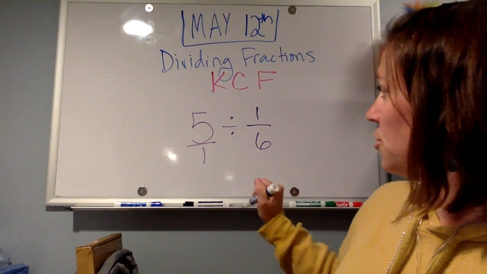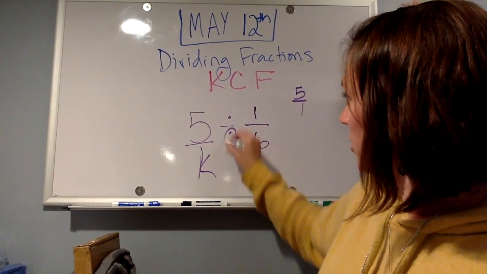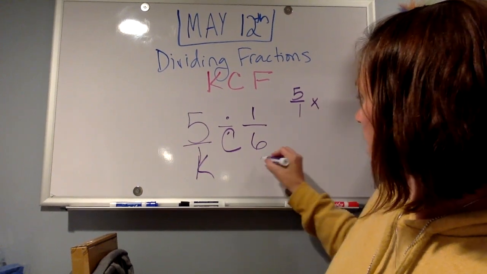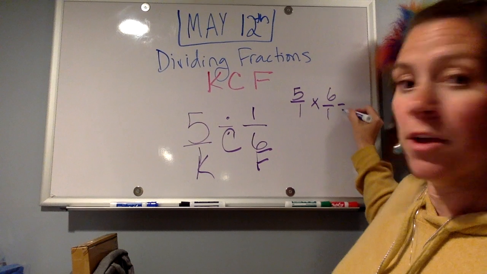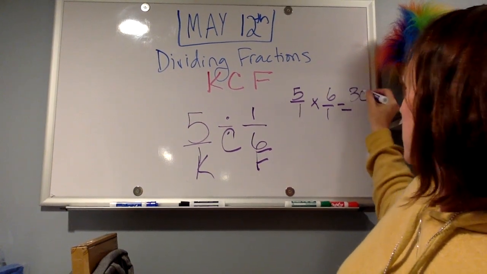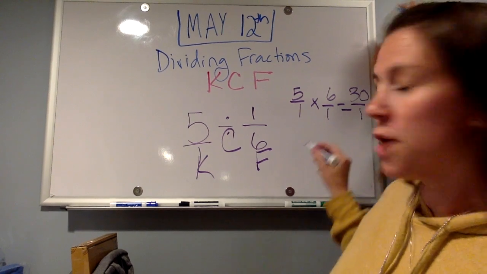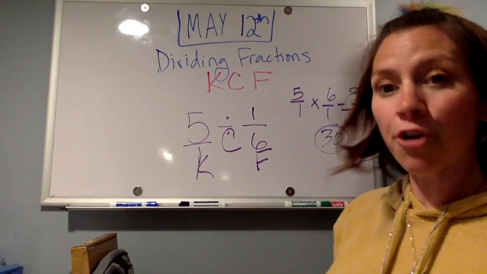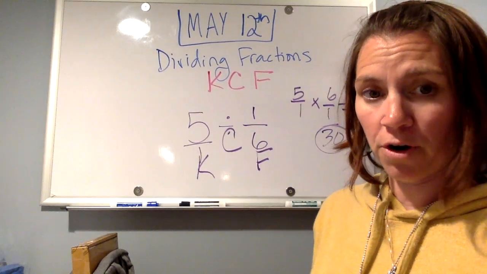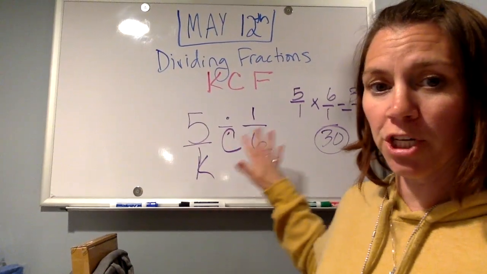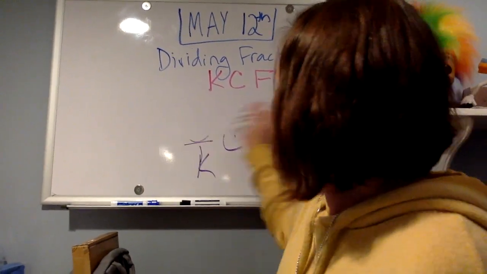Then I'm going to keep the first, change my sign, and flip the second to become 6 over 1. Then I multiply my tops and I multiply my bottoms. So I get 30 over 1, which is equal to 30, okay? Stick the 1 underneath, keep it, change it, flip it, multiply the tops, multiply the bottoms, okay?